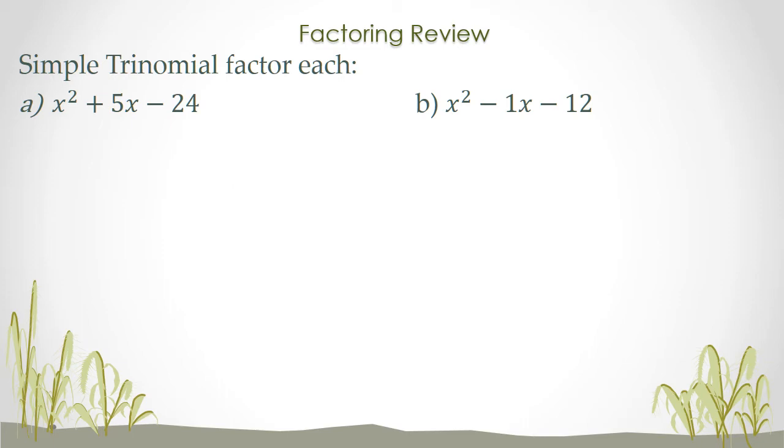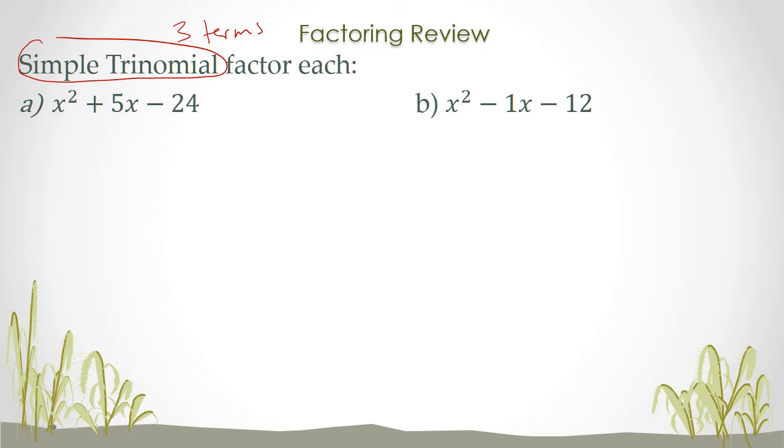So we are slowly getting more complicated. Simple trinomial. What does trinomial mean? It means there's 3 terms. Simple. It's simple because the leading coefficient, the number out front, is 1.